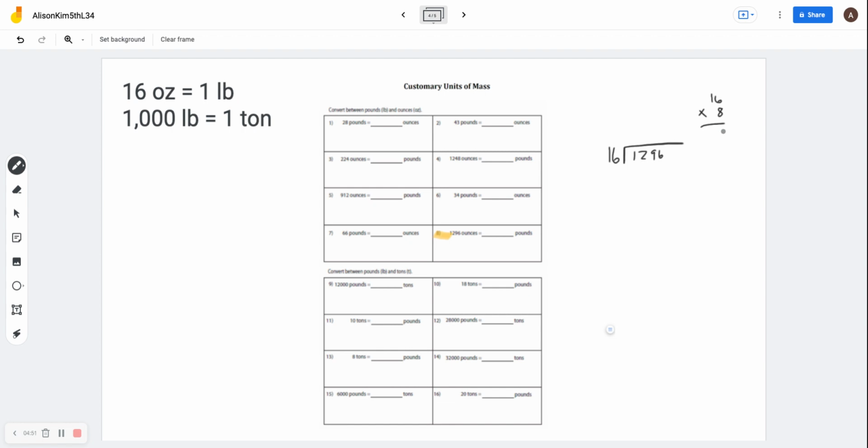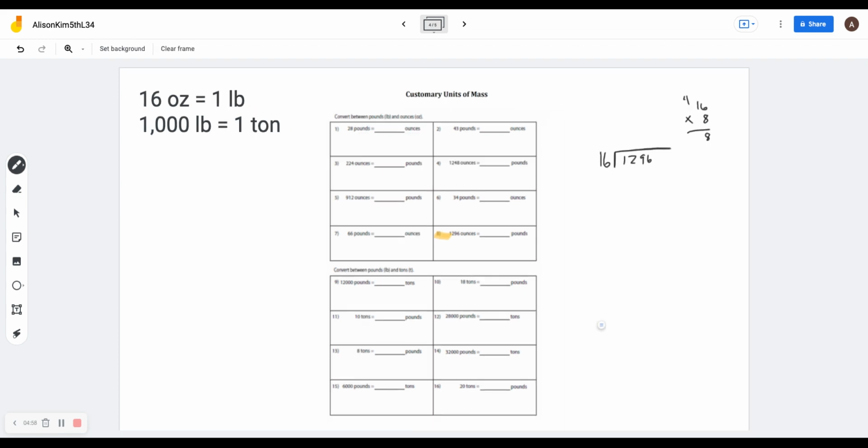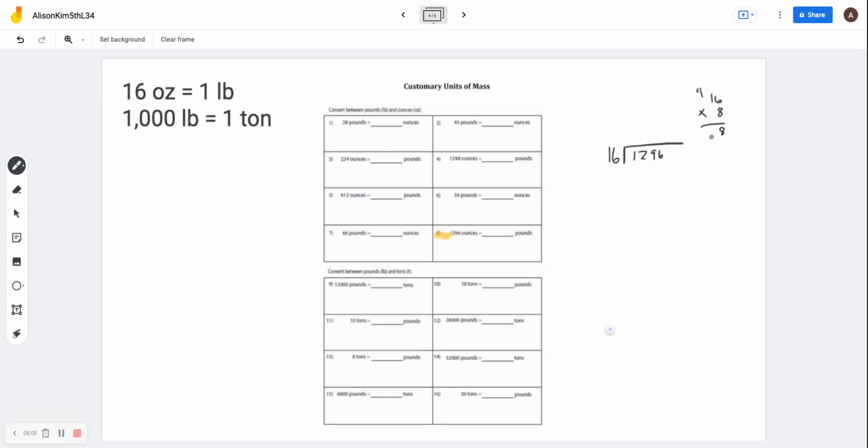6 times 8 is 48. Bring up the 4. 8 times 1 is 8, and 8 plus 4 is 12. Ooh, it looks like that's going to be the closest that we could get to, so let's put 8 right here. And then we get 129 minus 128, and we're left with 1.